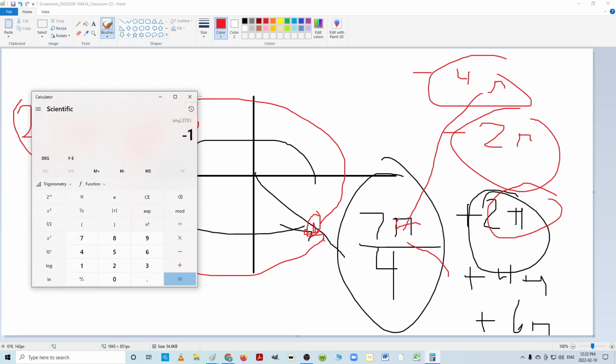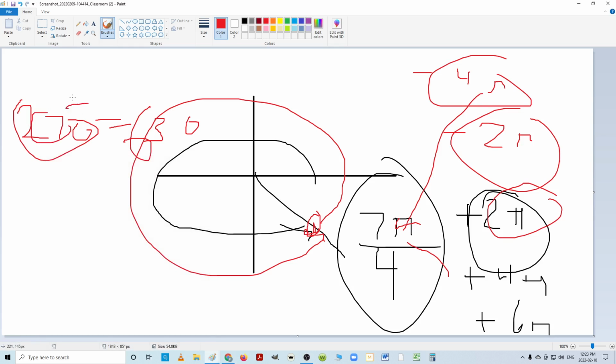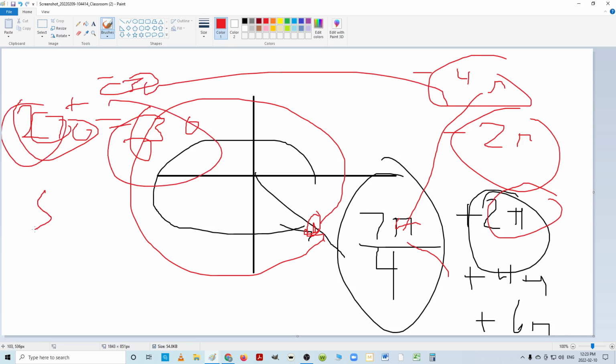Try to remember, it's negative 1. Let's take the sine of 630. Negative 1. No matter what you do, if you add or subtract 360 or any multiple of 360, you will get to a coterminal angle that has all the same sine, tangent, and cosine values.